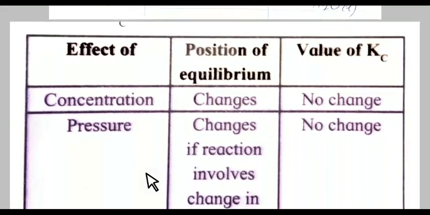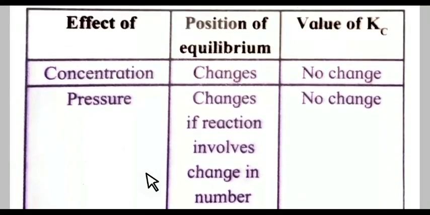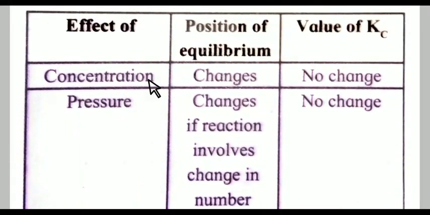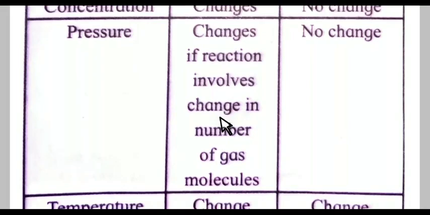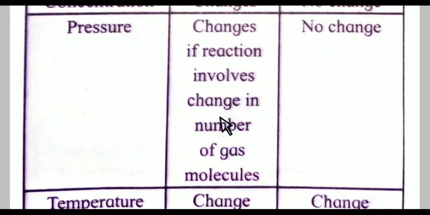Let us summarize. Effect of concentration: with the concentration, the position of equilibrium changes but there is no change in Kc, the equilibrium constant. If the pressure changes, even for a reaction involving a change in the number of gas molecules, there is no change in the equilibrium constant.